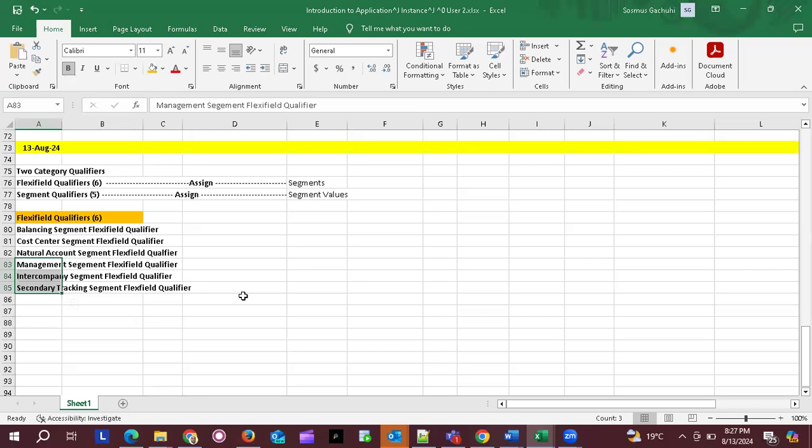In our case, I want us to first of all pay attention to the first three, that is balancing segment Flexfield qualifier, cost center segment Flexfield qualifier, and natural account segment Flexfield qualifier. Those three will give you the good foundation to be able to understand the other three.